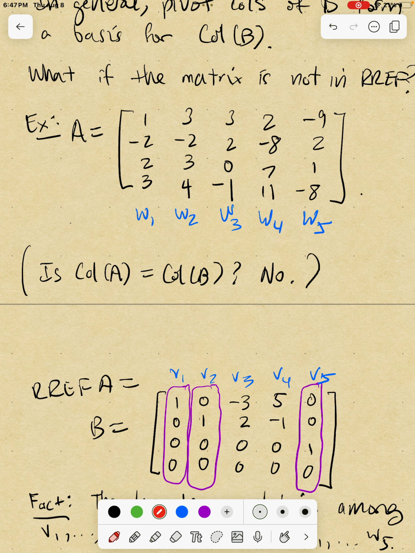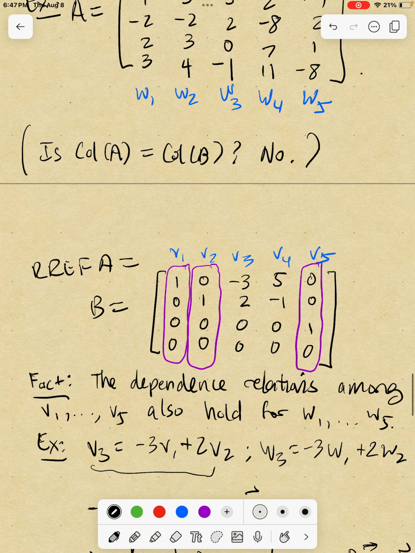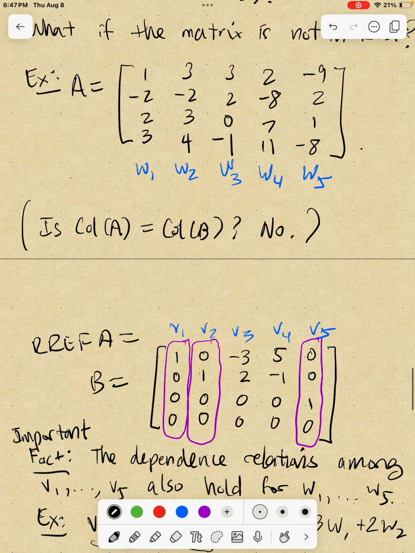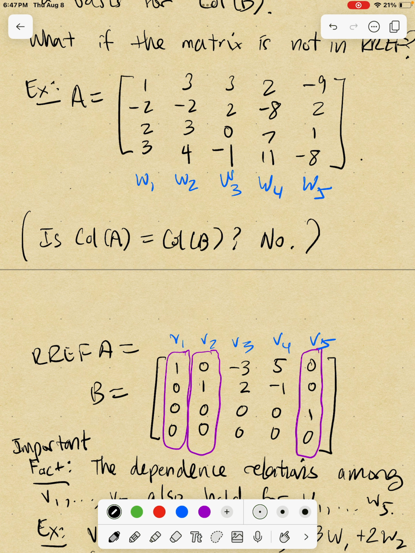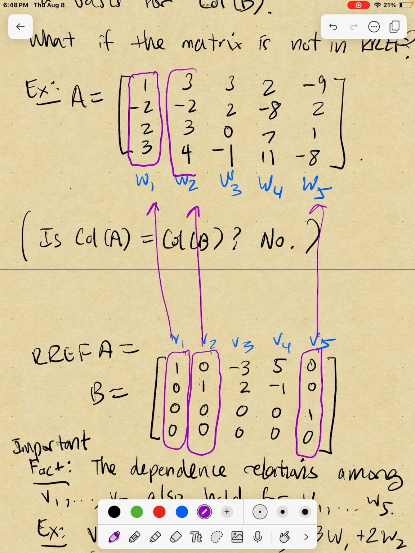But it turns out, by this important fact, which I'll write to emphasize that this is the key behind how it all works, the vectors that correspond to those pivots form a basis for the column space of A. And of course this isn't the only basis that works, because any subspace is going to have an infinite number of bases, but this is just one way to find a convenient basis.